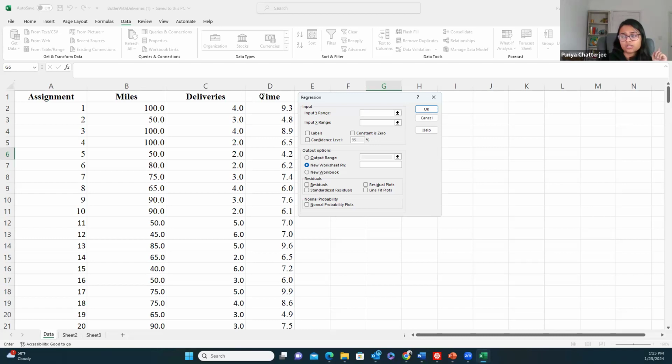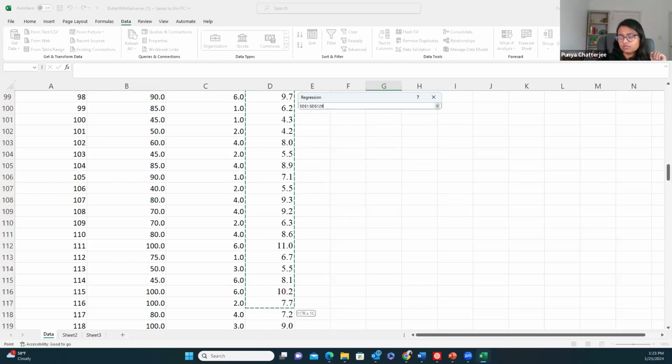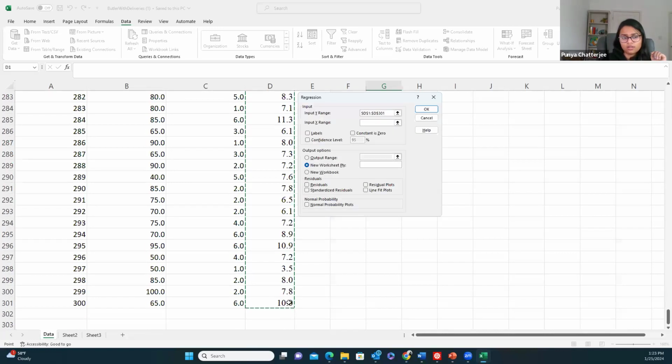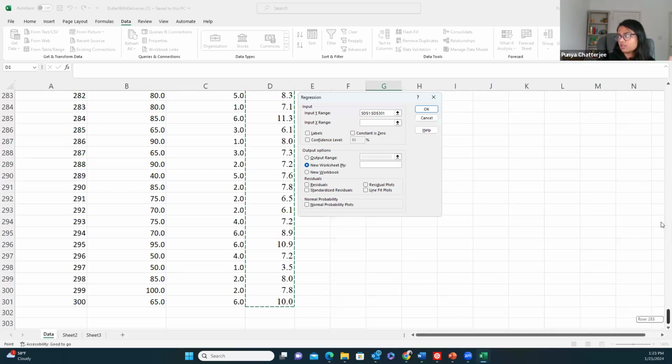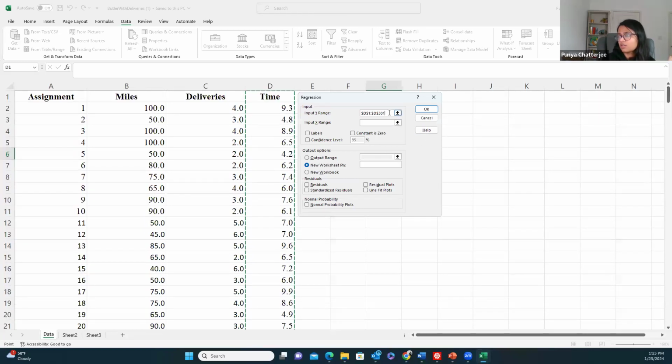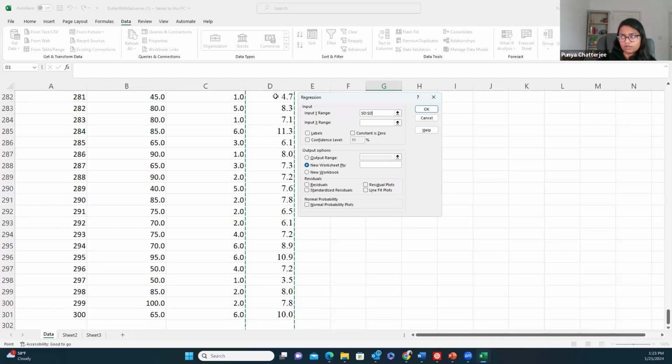You can either just select time and then drag it down until 300, or you could select time and then hit Control, Shift, and down arrow together.